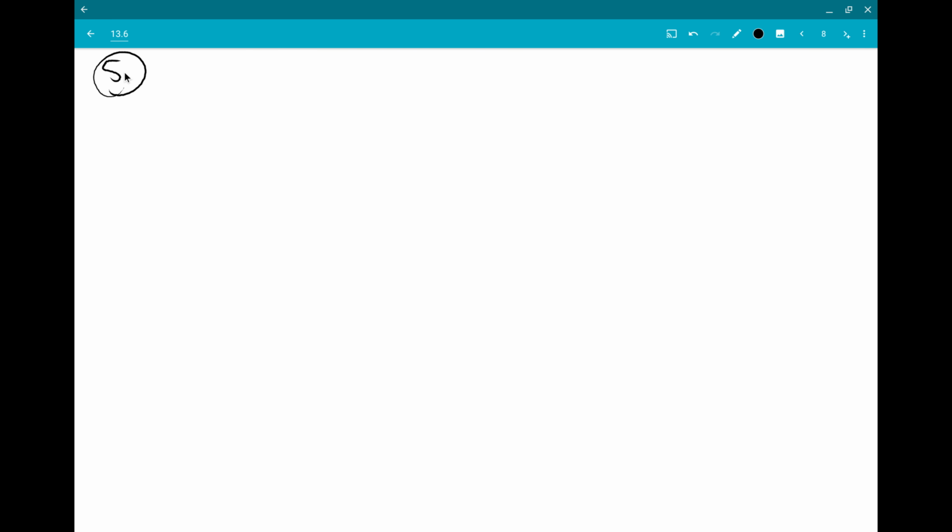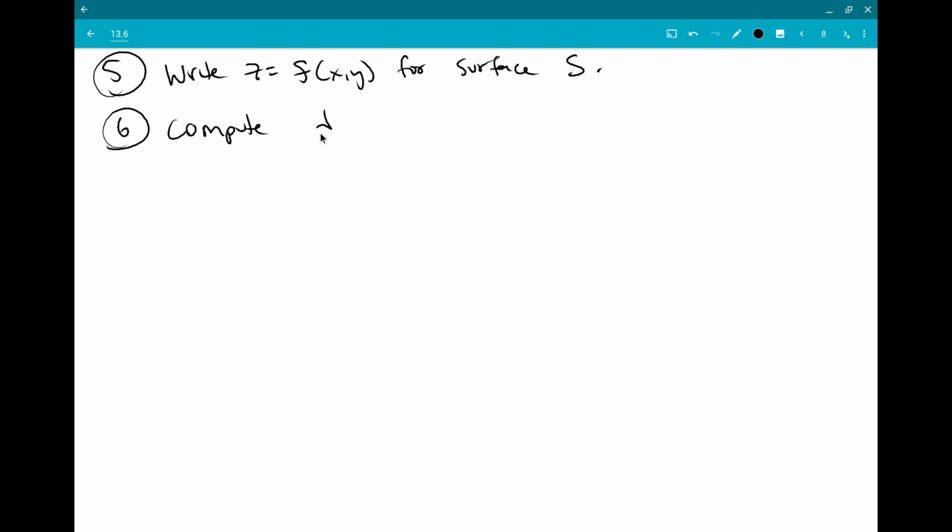Once you've identified your surface S, you're going to want to write z equal to f, a function of x and y, for surface S. So just solve for z on one side, everything else on the other. The reason for that is because you need to compute dS equal to the square root of fx squared plus fy squared plus 1.